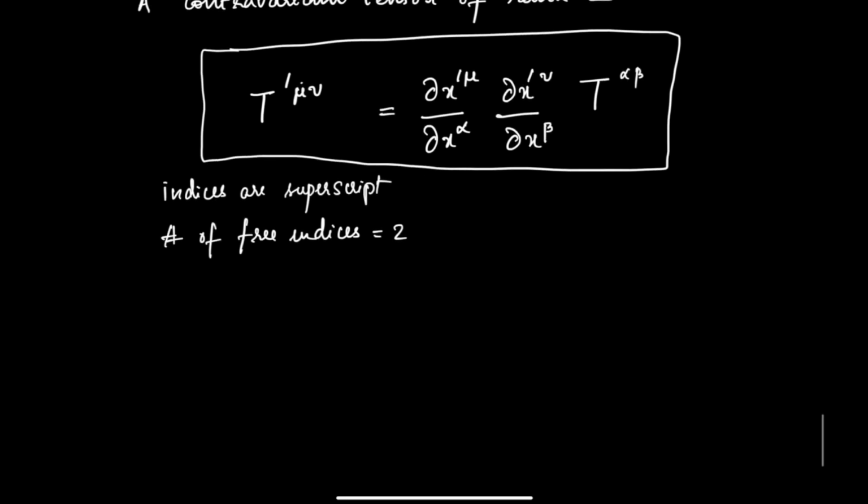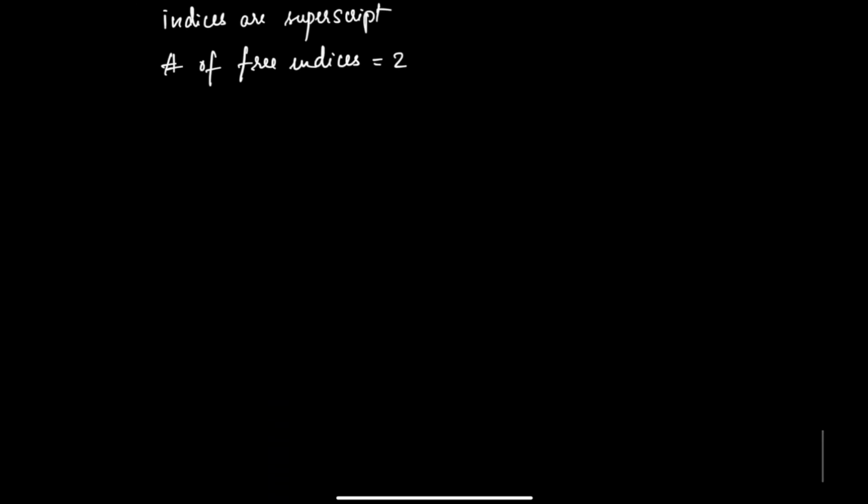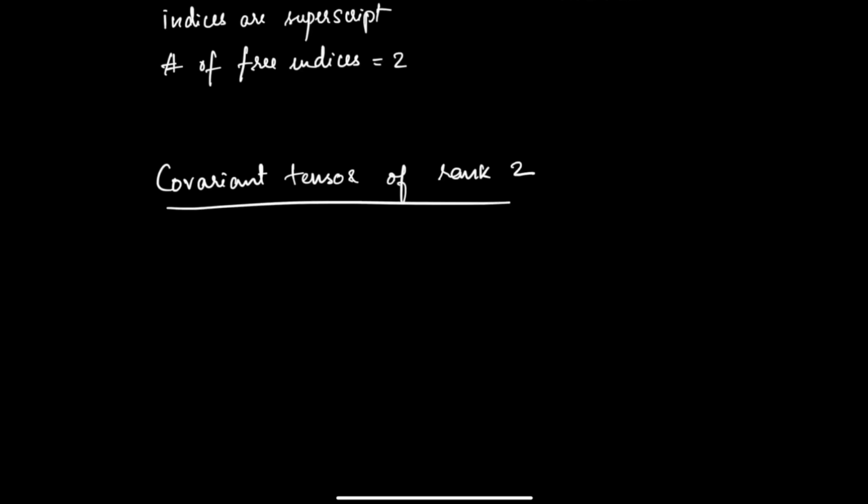Similarly, you can write for covariant also. So how do you write a covariant tensor of rank 2? Covariant in the sense the index should be mu nu.